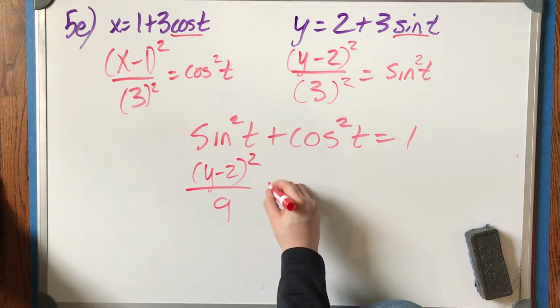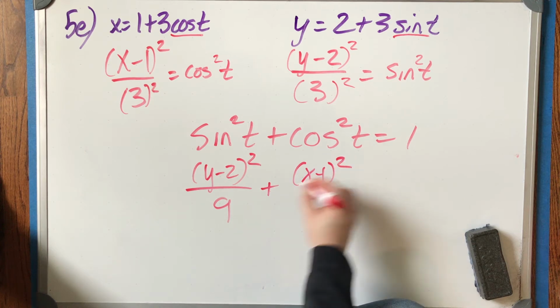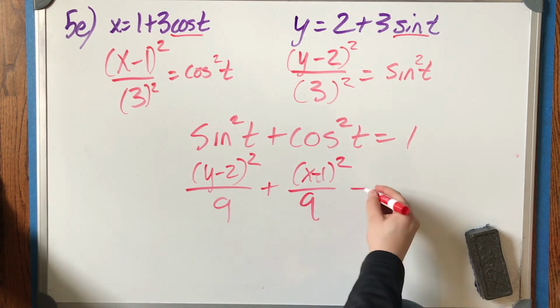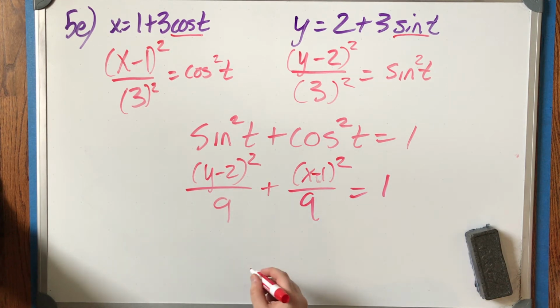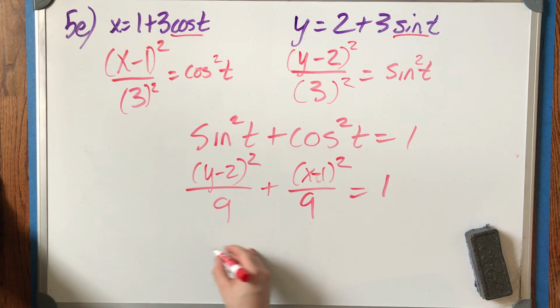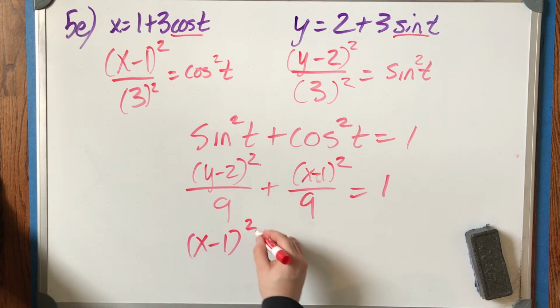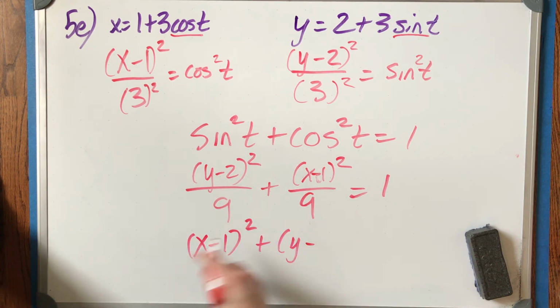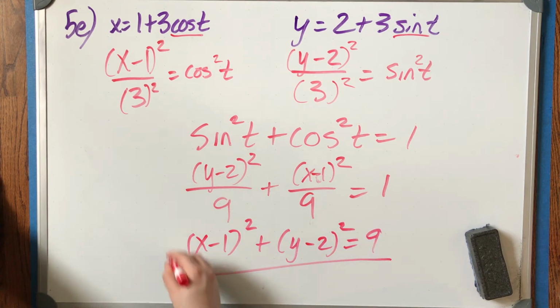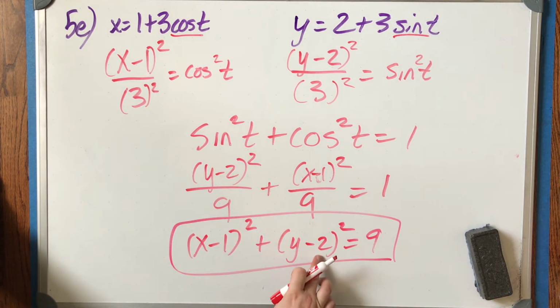Cosine is this stuff, so plus (x minus 1) squared over 9 equals 1. We could leave it this way, but when the denominators are both the same, we typically recognize that this is an actual circle, and so we'll rewrite it as an x squared plus a y squared equals an r squared. So this is a circle with a center at (1, 2) and a radius of 3.